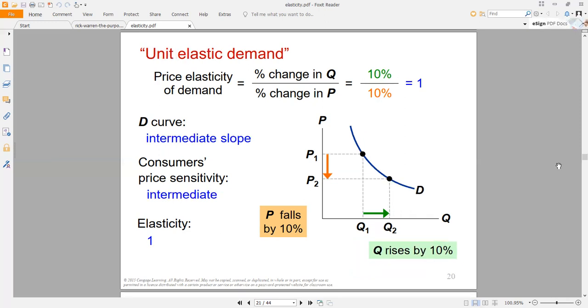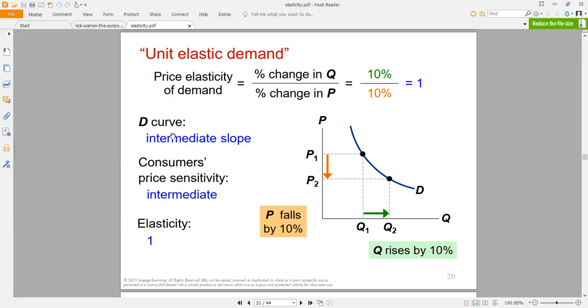Let's look at unitary elastic demand. Here, the percentage change in price is exactly the same as the percentage change in quantity demanded. So if price changes by 10%, then quantity demanded also changes by 10%. The elasticity coefficient is exactly 1. Graphically, if P falls by 10%, then Q will rise by 10%.